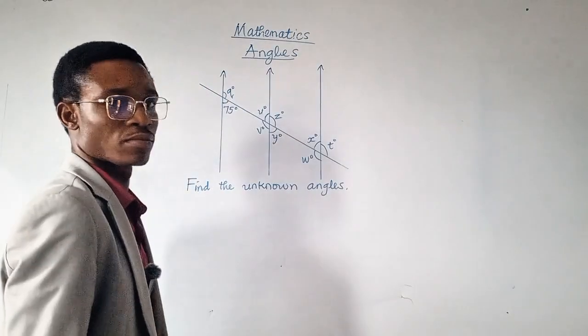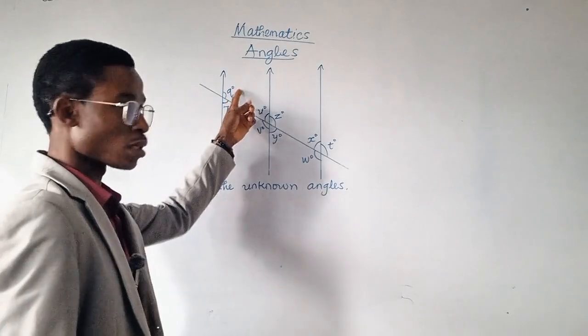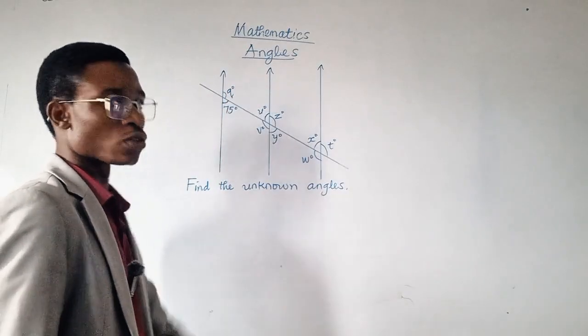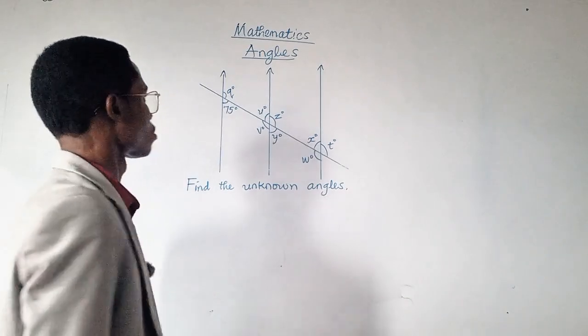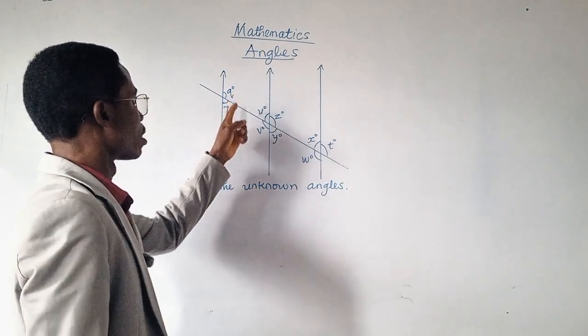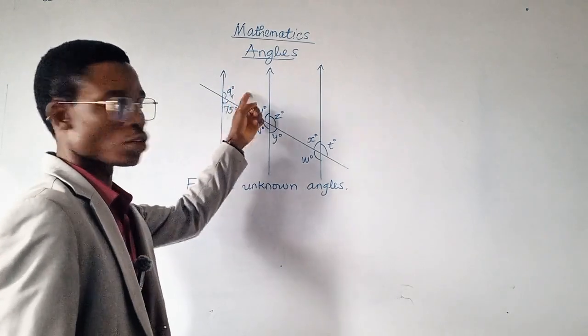Since the sum of angles on a straight line is 180 degrees, 180 minus 75 shall give us Q.